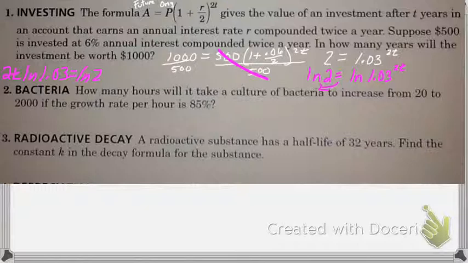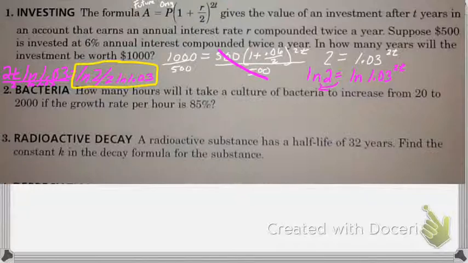Now, I'm going to get rid of everything except the t. I'm going to divide that left side by everything except t. So the 2 and the ln 1.03 are going to be divided over to the other side. And the calculation I need to make is that. ln of 2 divided by 2 ln 1.03.